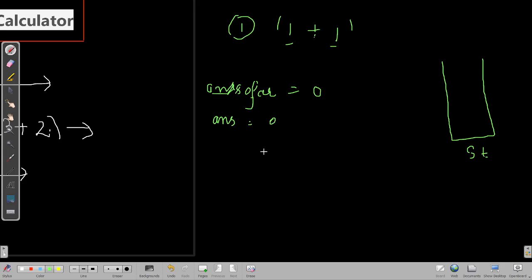Initially it is 0. There is one more thing you can see: this can be a plus sign or a negative sign. So we have to think about whether it is a plus or a negative, because whatever evaluation we do depends totally upon the sign.